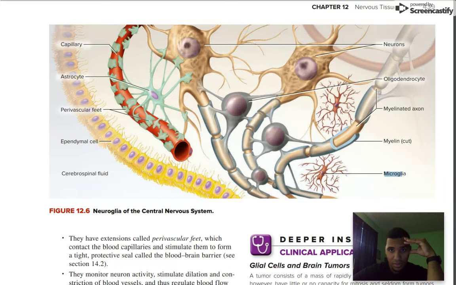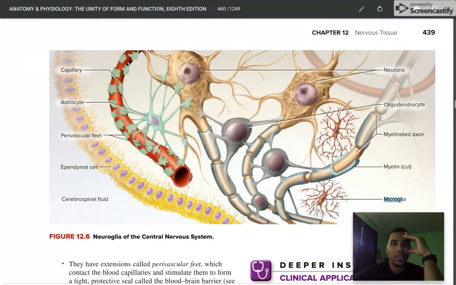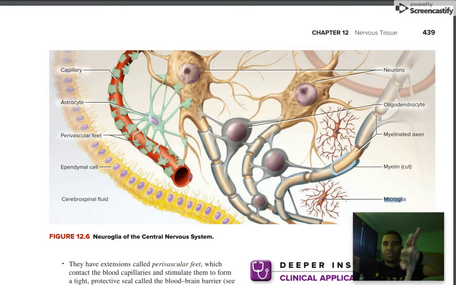Astrocytes, where are they? Right here, these blue looking neurons with all of these little arms. They separate this capillary, right? It's a blood-brain barrier. So they separate this, holding on to it, from the neurons. It's like breaking up a fight, all right? You have one guy here, one guy here, and you're trying to get in the middle.